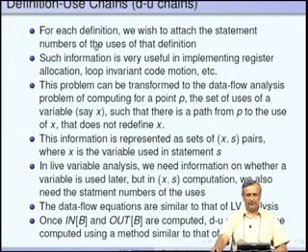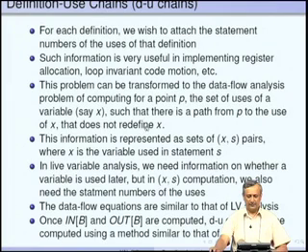So, the problem of computing DU chains can be transformed to a new data flow analysis problem, which is very similar to that of live variable analysis. This problem is that of computing for a point P the set of uses of a variable say x such that there is a path from P to the use of x that does not redefine x. So, it is similar to the live variable definition.